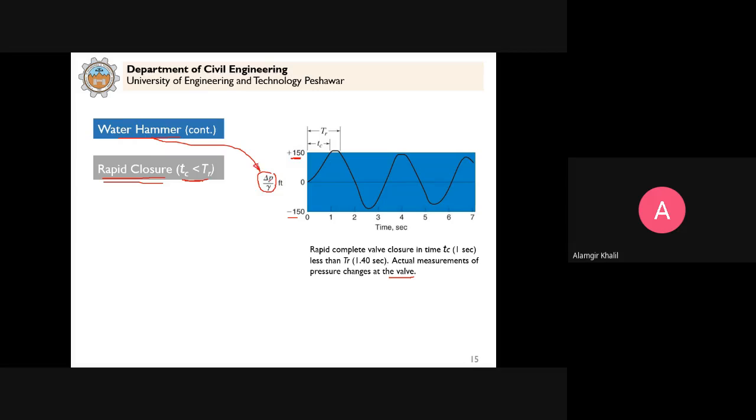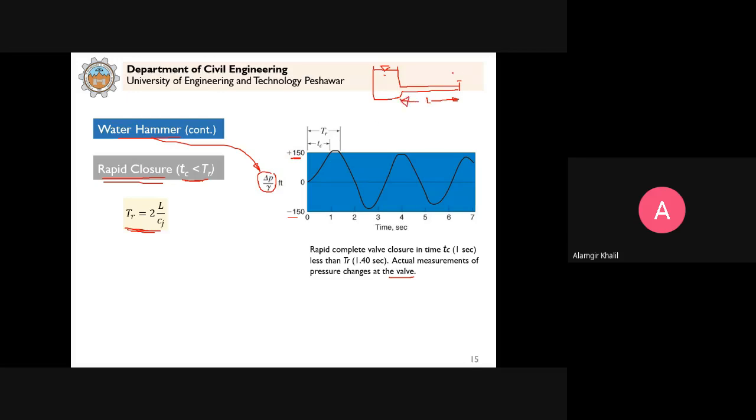Now in this case, the round trip time it takes is the same, 2L by Cj. Earlier we saw that you have a pipe, and at the end of the pipe we have a valve, and this total length is L from here to here.